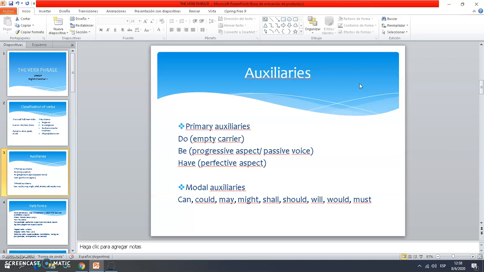And these are auxiliaries that do not have all the properties of these core modal auxiliaries. For example, I can think of have to, or you can think of be able to. They are different with respect to certain morphological characteristics, for example.